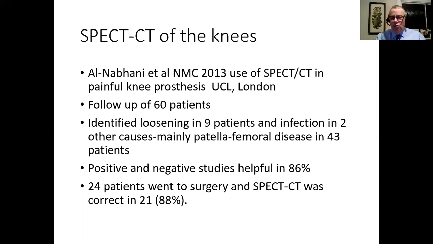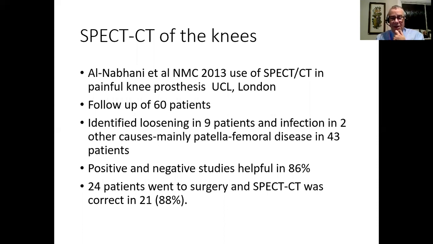And the knee is a much more unstable joint than the hip. So even with a knee replacement, you can get all sorts of problems. You can get a synovitis, you can get problems with the patella rubbing against the prosthesis, which is very common. And also you can get infection as well.